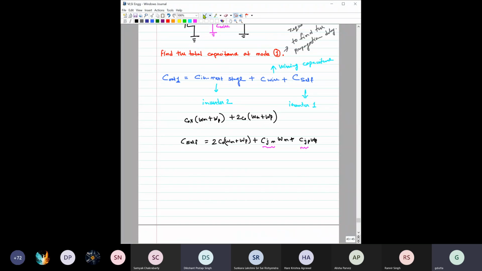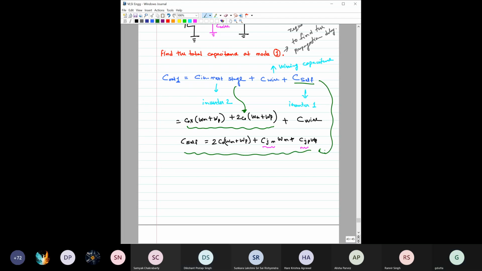Let me take this black color again. So it would be this one plus C wire plus this one. This is from this part, this wire is this part, and this is from this part, right?